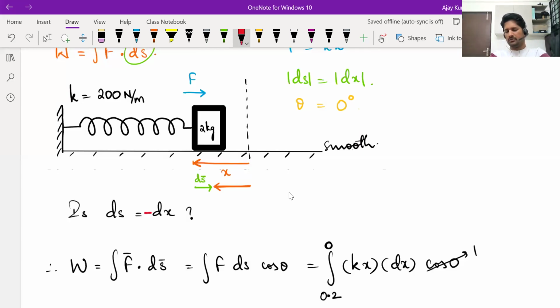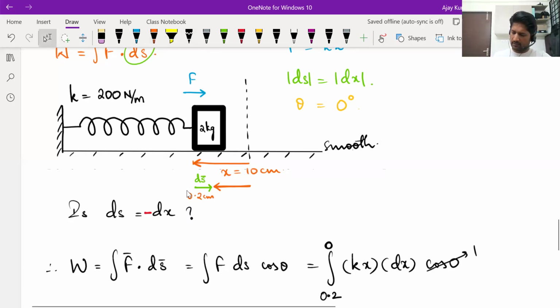So suppose the way we visualize the object to be moving, let's say ds is positive. Initial value of x, let's say at some position, the value of x is 10 centimeters. And the small displacement is some 0.2 centimeters. Just a random value that I'm taking. If ds is 0.2, what will be the next value of x?